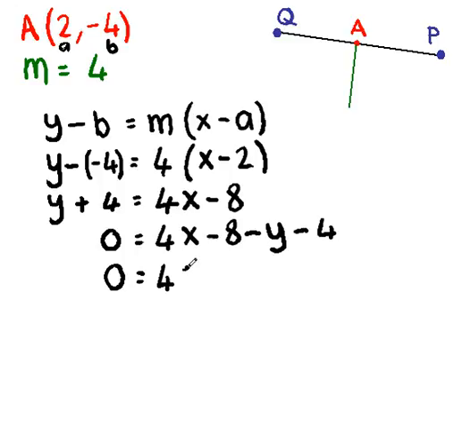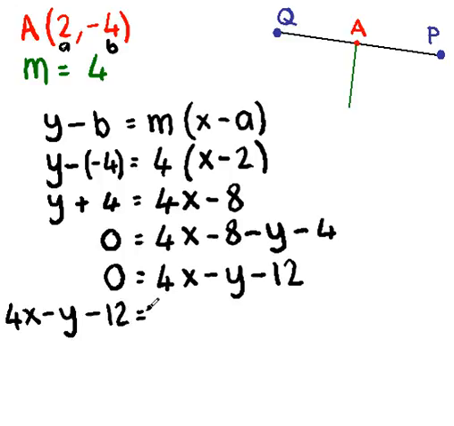So we have 4x minus y minus 12. Flip this round to get the 0 on the other side: 4x minus y minus 12 equals 0. And that's our final answer, the equation of the green line.